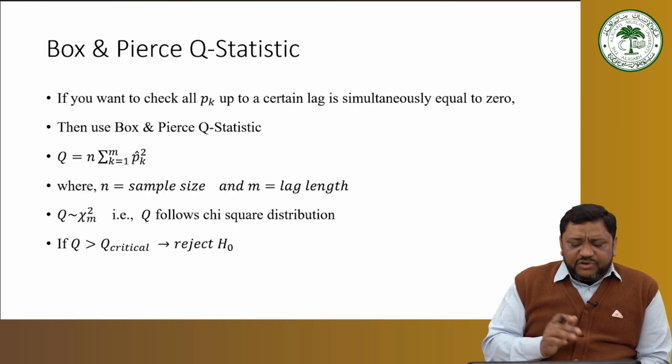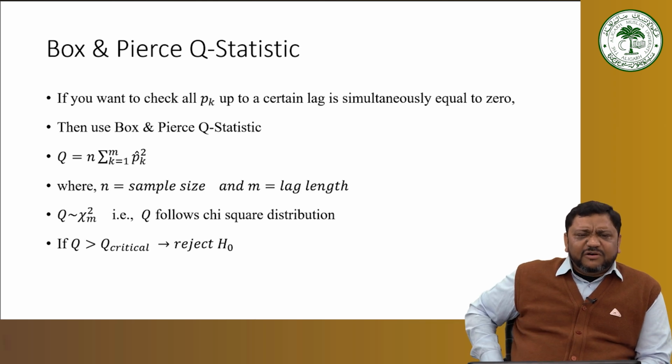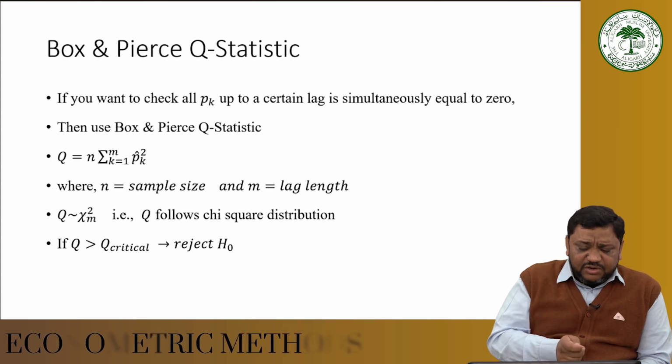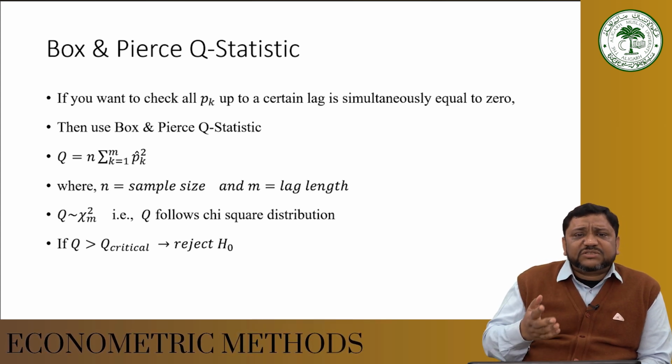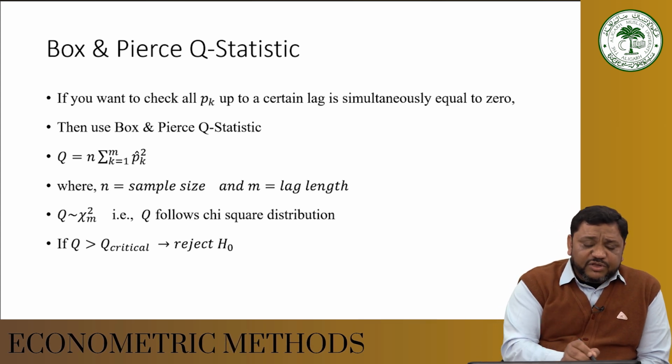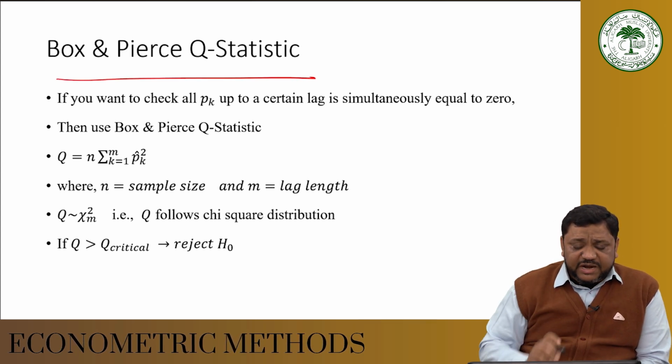Till now, what we have seen is checking for the stationarity of one single process. But if we want to check the stationarity of all the lags in one go, then we use the Box and Pierce Q statistics.